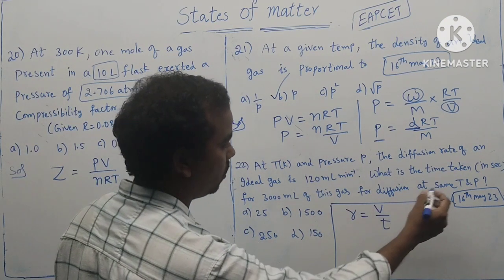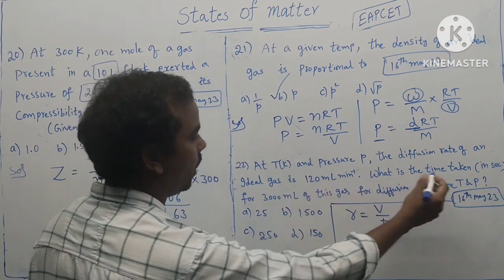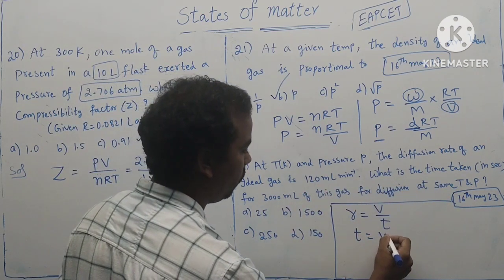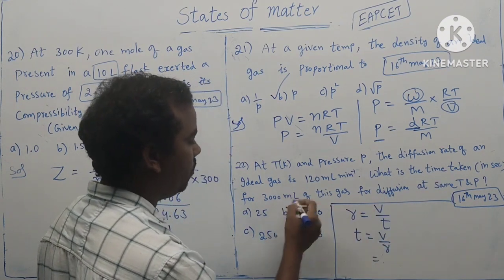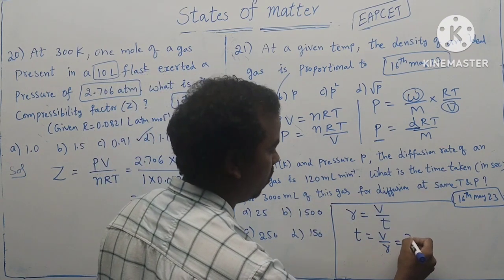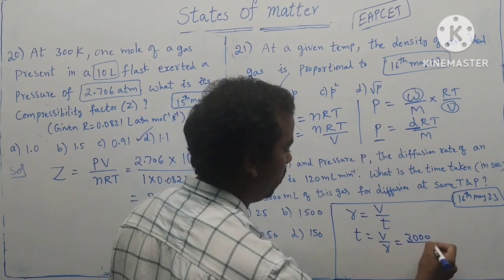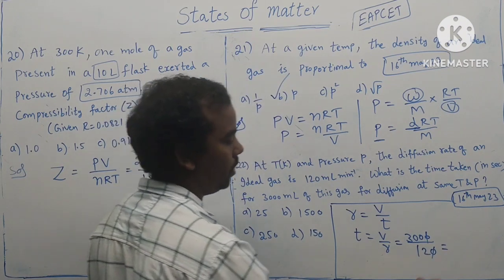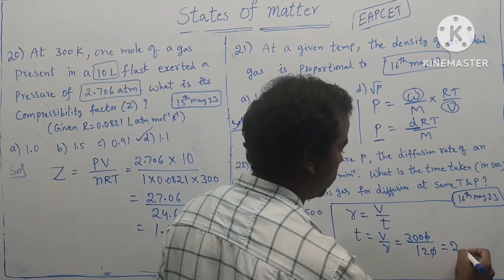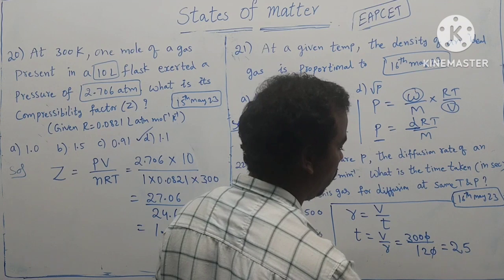So here he asked what is the time taken. That means t is equal to V by R. R is 120, volume is 3000 ml, so that is 3000 by 120. Zero cancels, 300 by 12, that means 25.